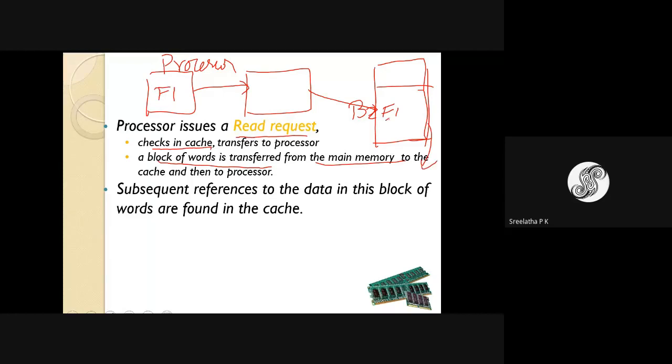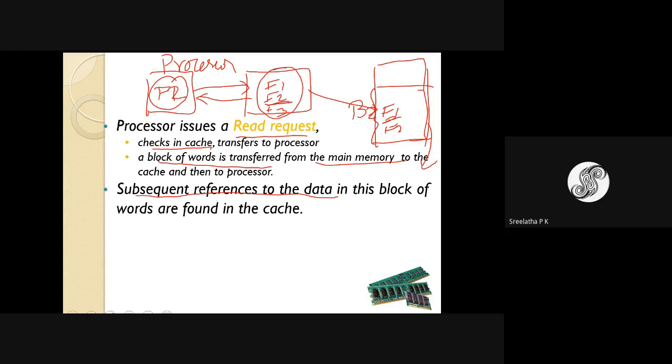We assume that it is there. So F1 is taken, and along with it the complete block, F2, F3, all these instructions are copied to cache memory. Now after executing F1, suppose the processor wants to read the data F2. F2 is already there, so it is directly taken from the cache memory. Faster access. Subsequent references of data in that block are found in cache memory itself.